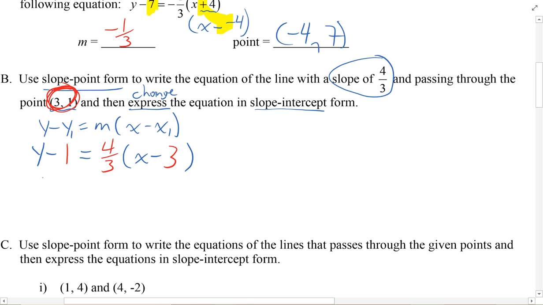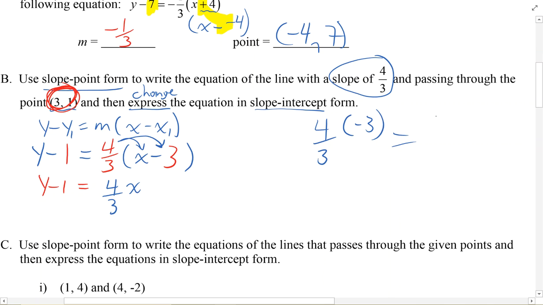The y minus 1 will not change. So y minus 1 stays. Then, just like our polynomials unit, our factors and products, when you multiply into both parts of the brackets, you're going to get 4/3 times x, which we write as 4/3 x, right? And then the next multiplication is 4/3 times -3.